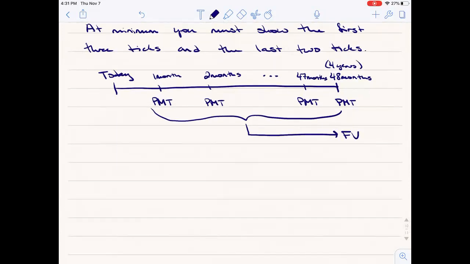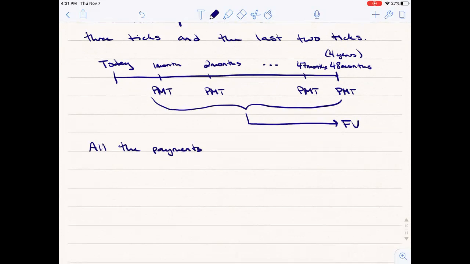And so all the payments can be, and I'll put in quotes here, funneled into a future value or present value.